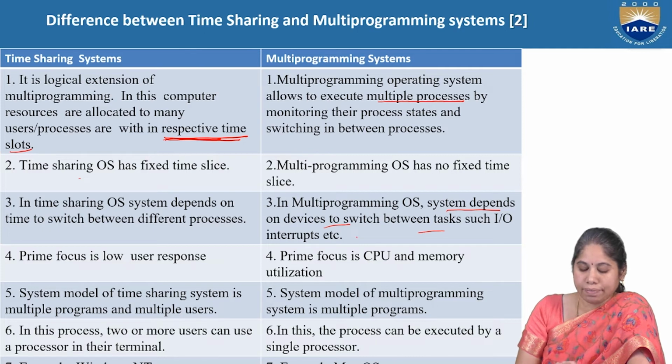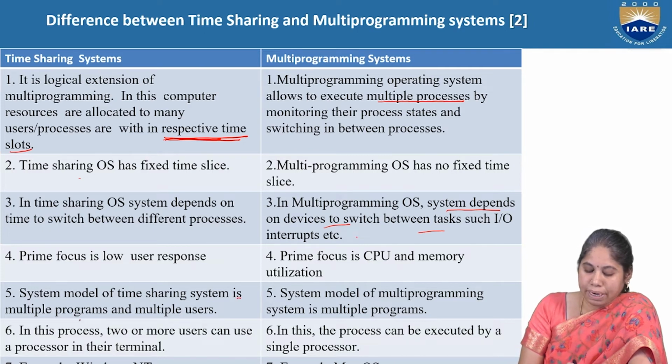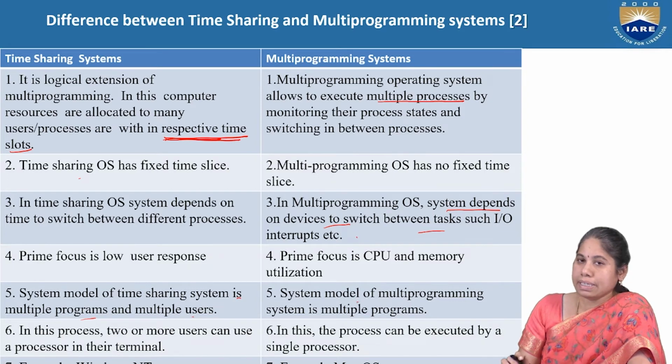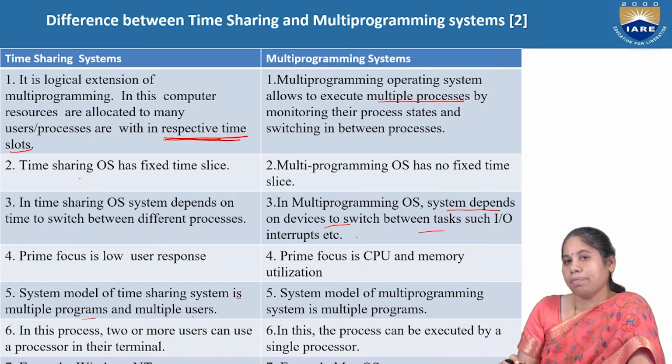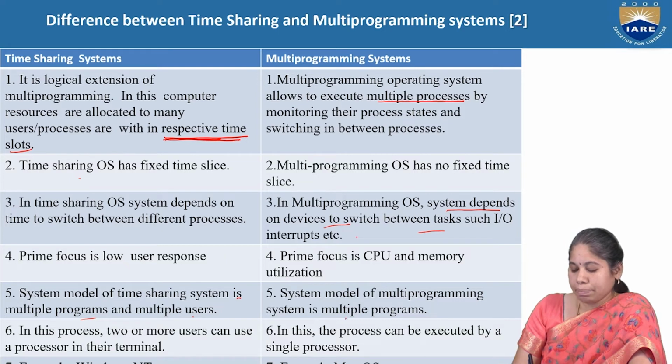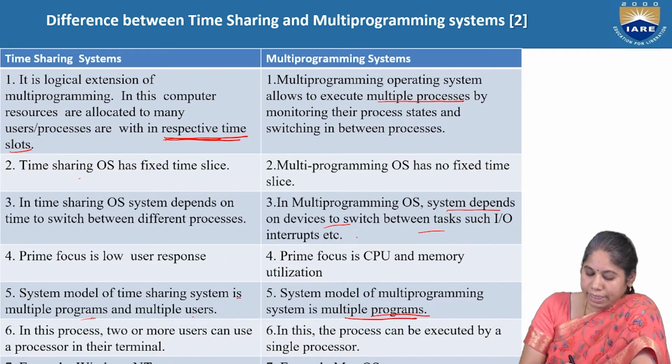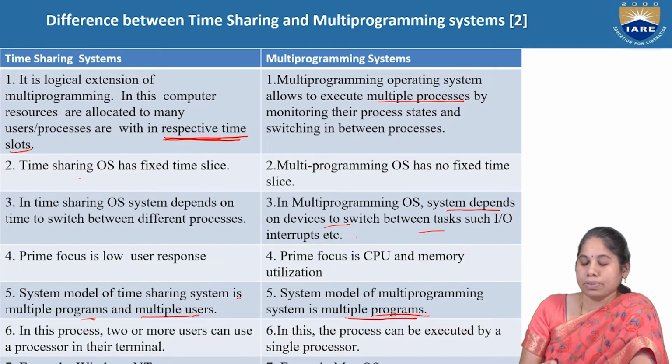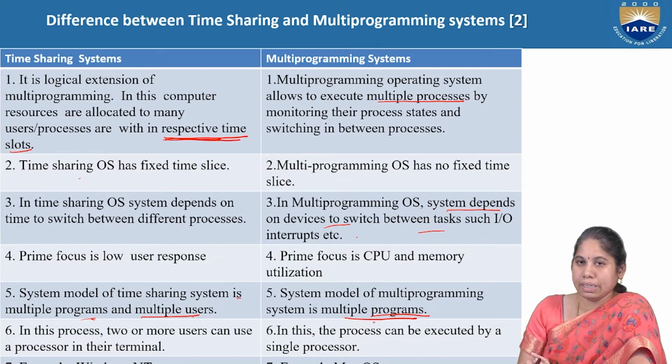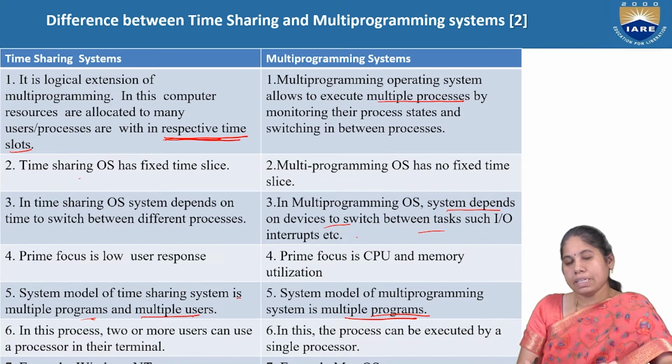The system model of a time sharing system is multiple programs and multiple users. The system model of a multiprogramming system is multiple programs. Here it is multiple programs and multiple users, and it concentrates on that. That's why I say a time sharing system gives interactive computing to the users.